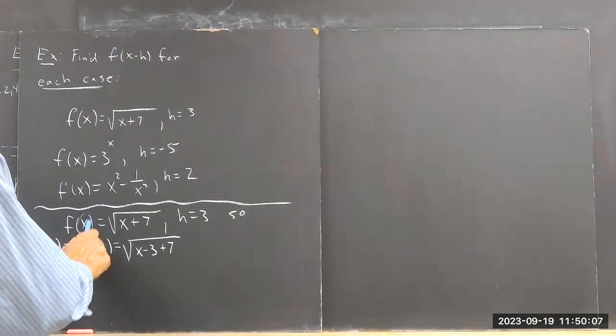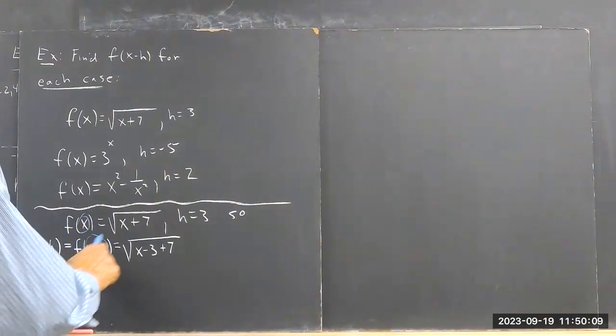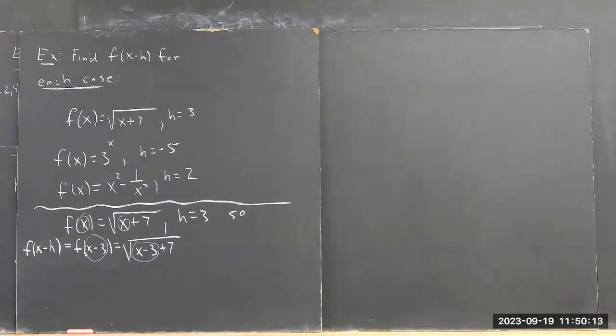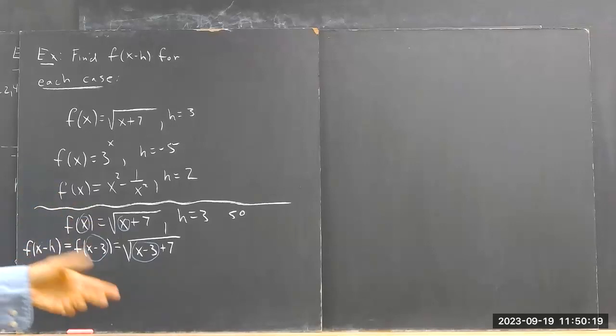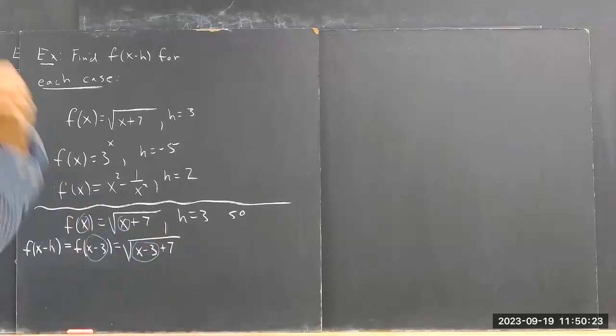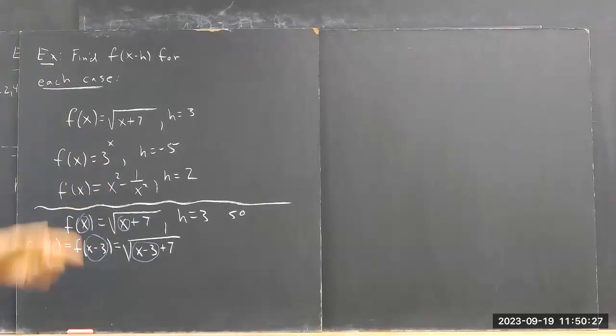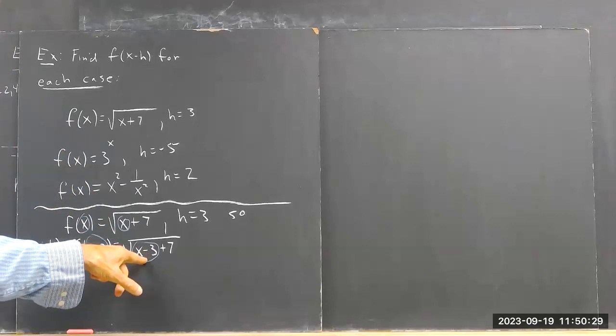And just for emphasis, I'm going to circle the x, and I'll circle the x minus 3 here, and I'll circle the x and the x minus 3 here. You see where these things appear. Okay. Now, some people wrote x plus 7 minus 3, and that's technically correct, but you really want to see the x minus 3.